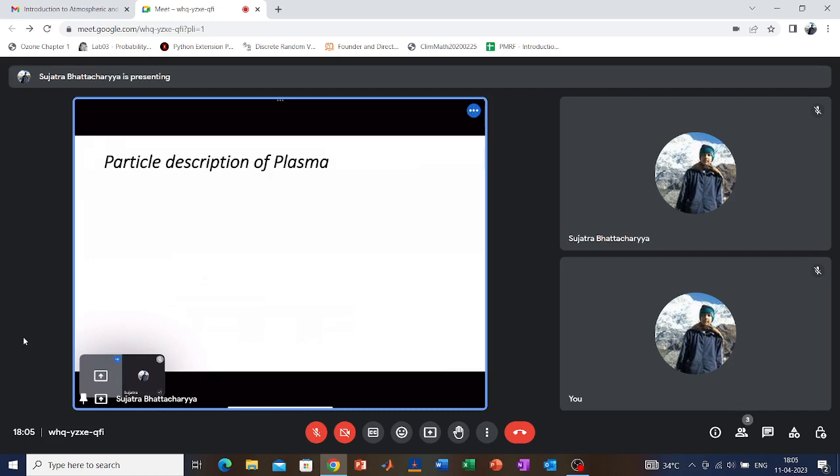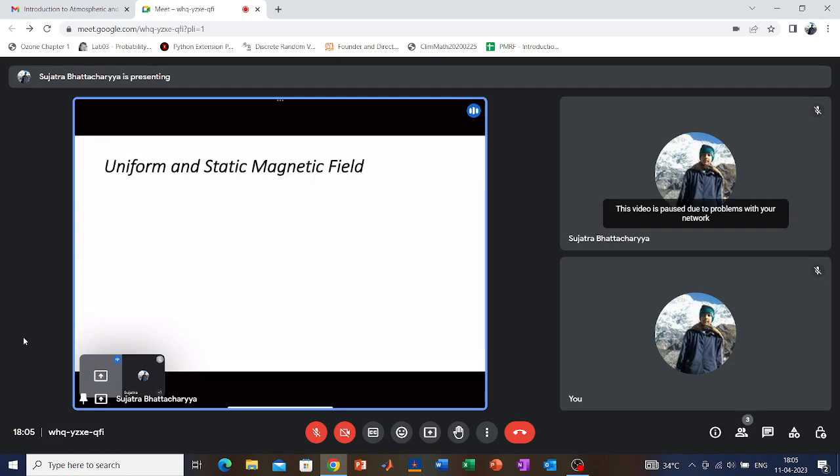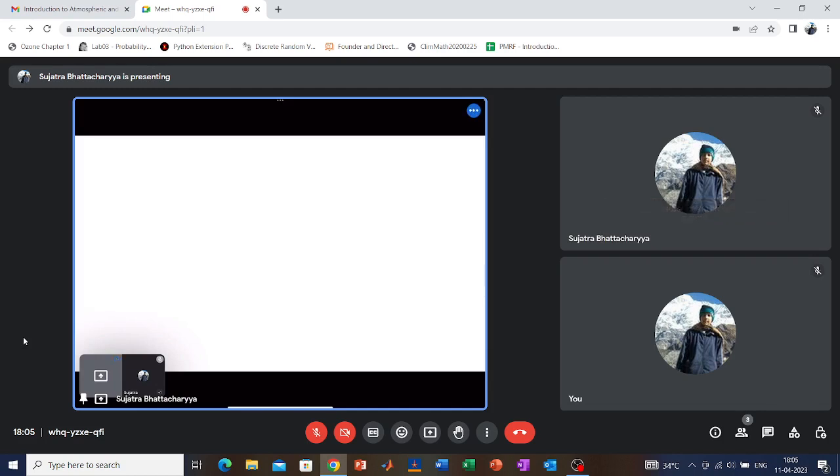And then I will start with the particle description of plasma, then the uniform and static electric field, and the uniform and static magnetic field, what happens to the plasma if we treat it as a particle, and certain derivations, and then frequency and radius of gyration, and the case of electric and magnetic field.